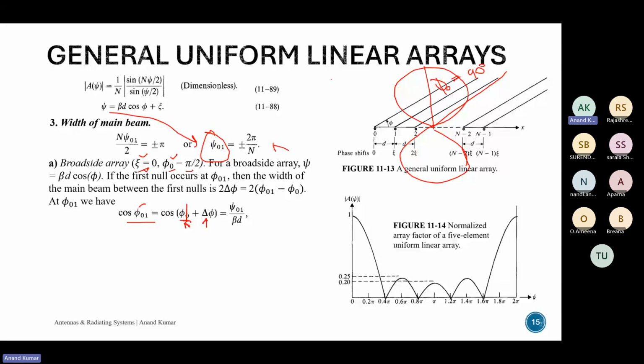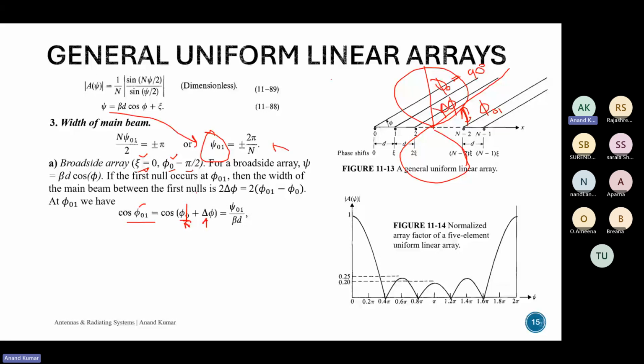So this angle is essentially delta phi, and this angle over here is phi 0 1. We are trying to calculate delta phi over here, and 2 times delta phi will give us the width of the main beam for the broadside array.